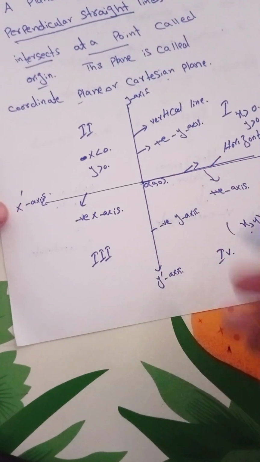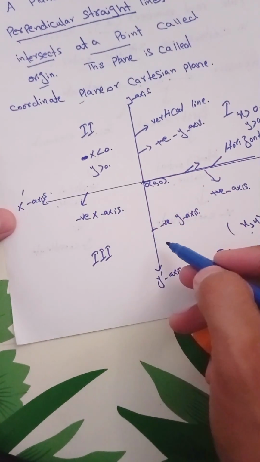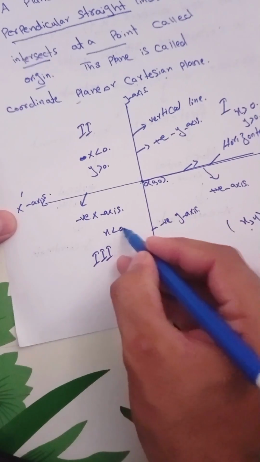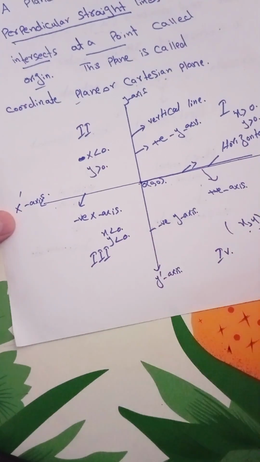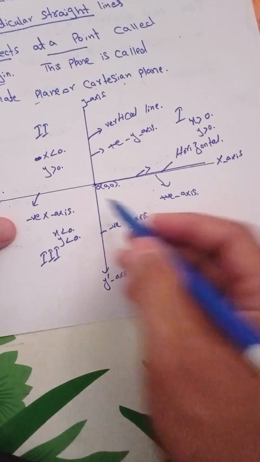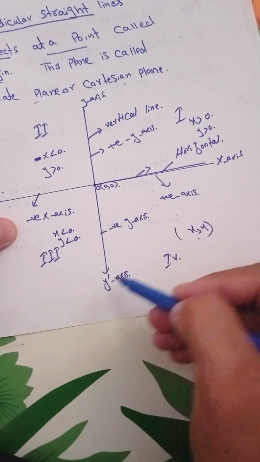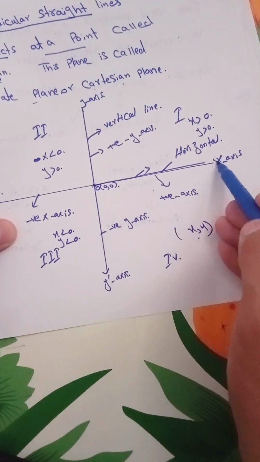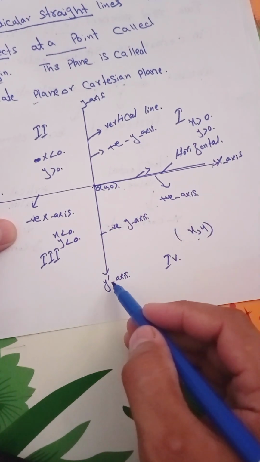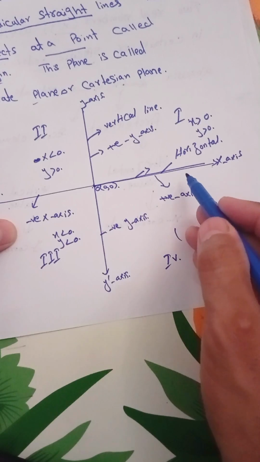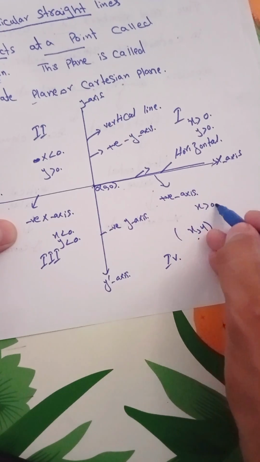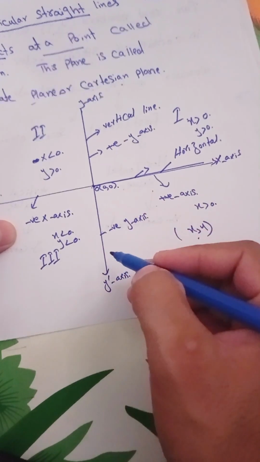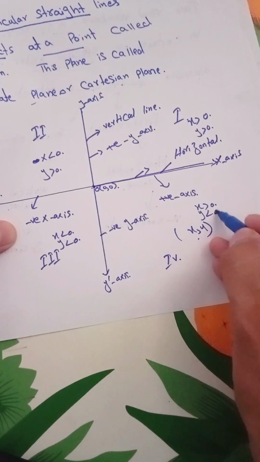In the third quadrant both axes are negative, so x values are less than 0 and y values are also less than 0. Similarly, in the fourth quadrant we again have two axes: the positive x-axis and the negative y-axis. On the positive x-axis x is greater than 0, and on the negative y-axis we have negative values of y.